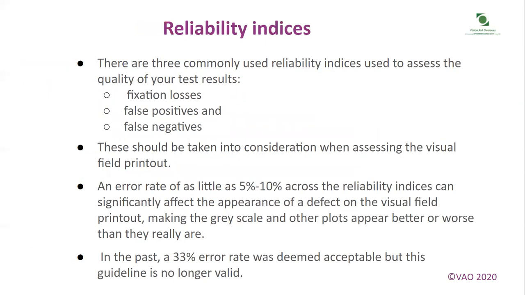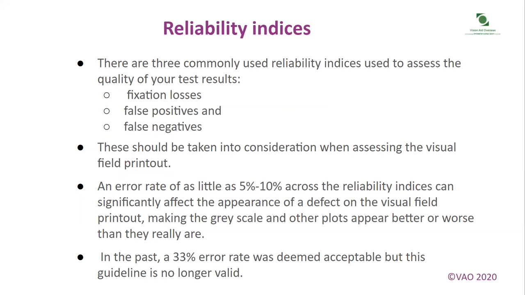Reliability indices. There are three commonly used reliability indices used to assess the quality of your test results: fixation losses, false positives, and false negatives. These should be taken into consideration when assessing the visual field printout.